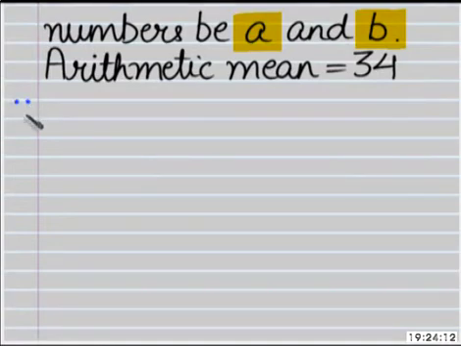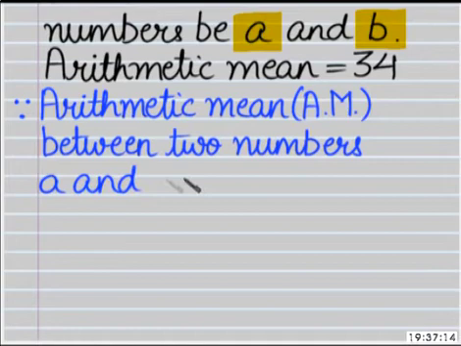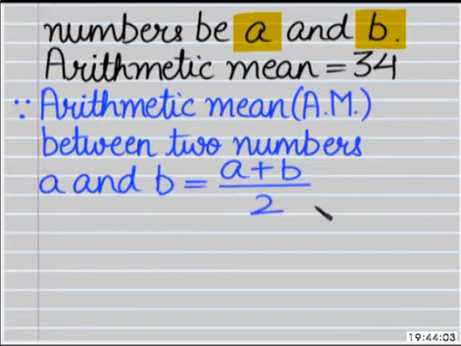Now, because we know that arithmetic mean, that is AM, between two numbers A and B is equal to A plus B whole divided by 2.